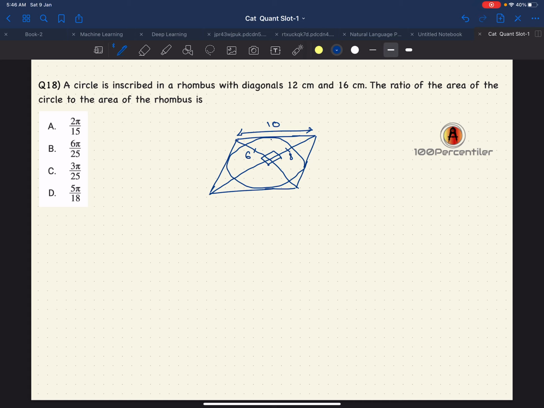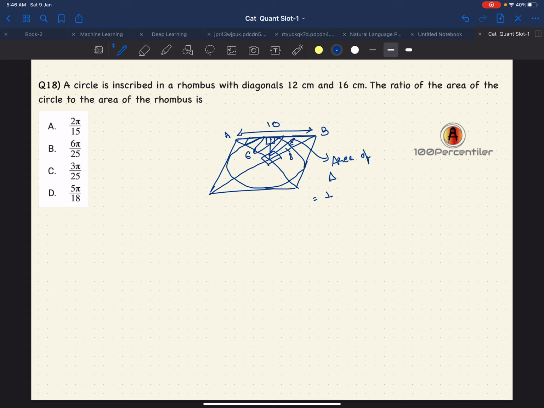Now as this particular side, let's say side AB, is tangent to this particular circle, therefore if we draw a line from the center of the circle to this particular side, it will be perpendicular to it. So let's compute the area of this triangle.